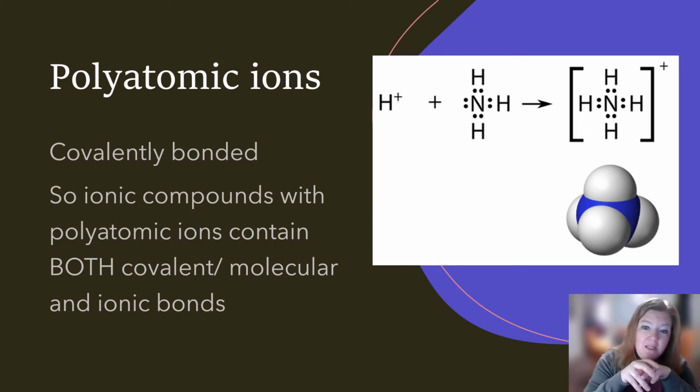So when they bond, they form ionic bonds because of their attraction between cations and anions, between positives and negatives. Okay, so when a compound has a polyatomic ion, it has both covalent bonds in the polyatomic ion and ionic bonds between the ions. Okay.